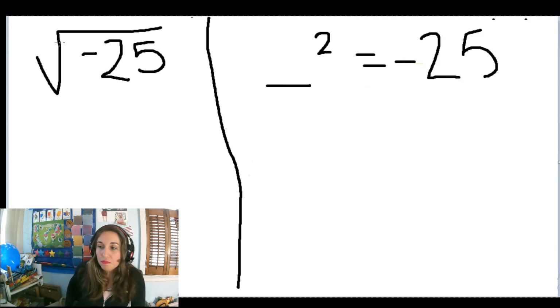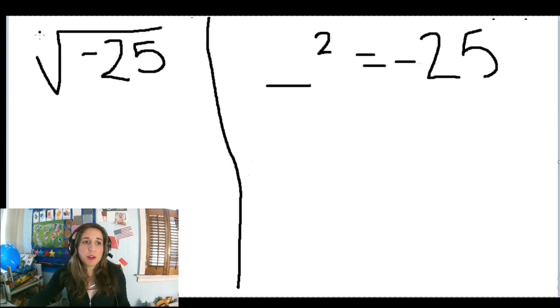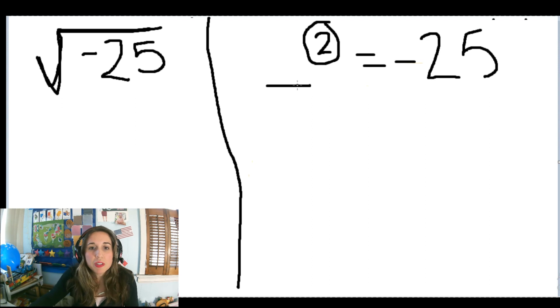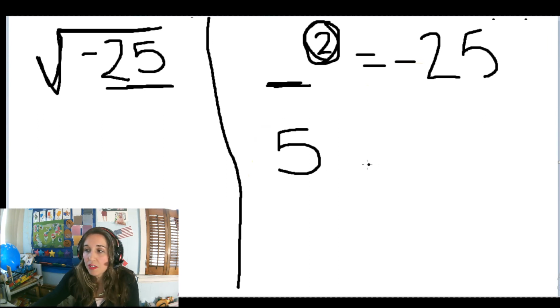The inverse operation of our radical here is an exponent, okay? So I'm looking for some number that I squared to give me negative 25. Well, you see 25 underneath a square root and you automatically think 5. So let's start with positive 5.